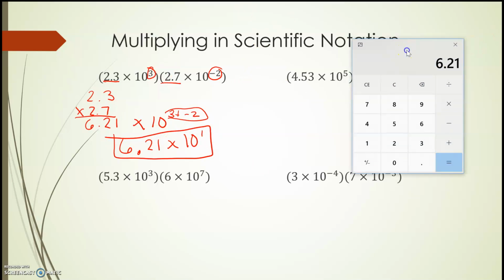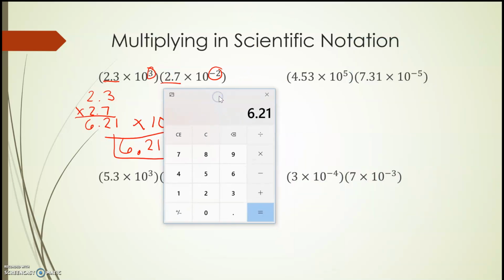Okay, let's look at the next problem. We have 4.53. Again, these first numbers we always just multiply. 4.53 times 7.31 equals 33.1143.